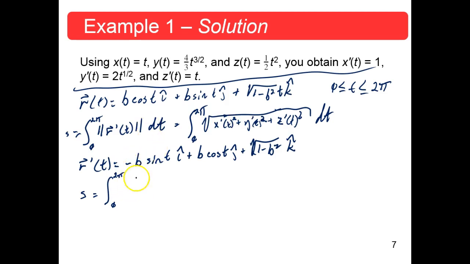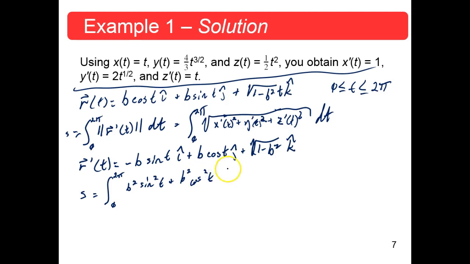When you square it, the minus goes away, so you've got b squared sine squared t plus b squared cosine squared t.